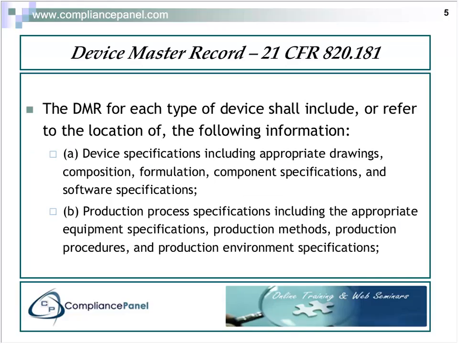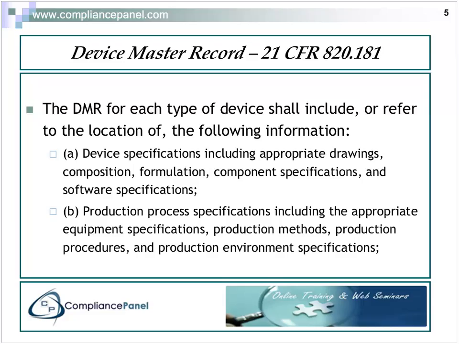Or it shall refer to the location of the device specifications, formulation, component specifications, software specs, everything that you need to define your device or the subsystems of your device rolling up into the device, to be found in the device master record. This also includes the production specifications for processing, including the appropriate equipment specs, production methods, production procedures, and production environmental specifications.